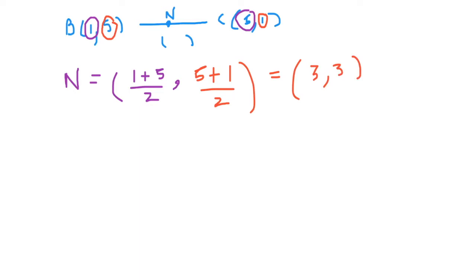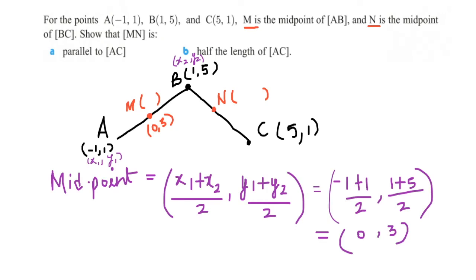And we have the coordinates of M and N. Once we get the coordinates of M and N, which are the midpoints of AB and BC, I have to show that MN is parallel to AC. Seeing that pictorially, I'm going to just join this, and remember it's a rough diagram.